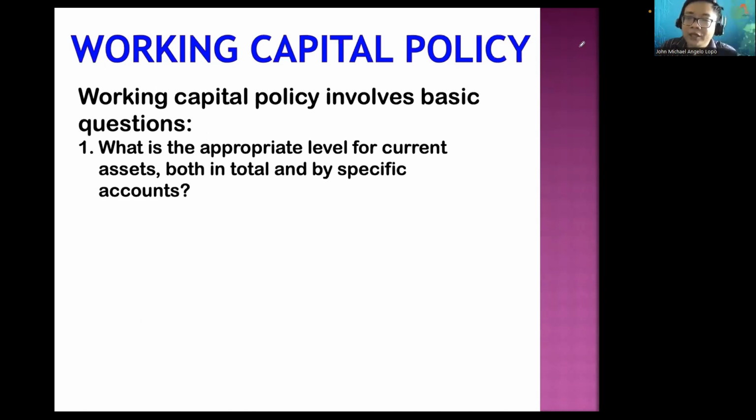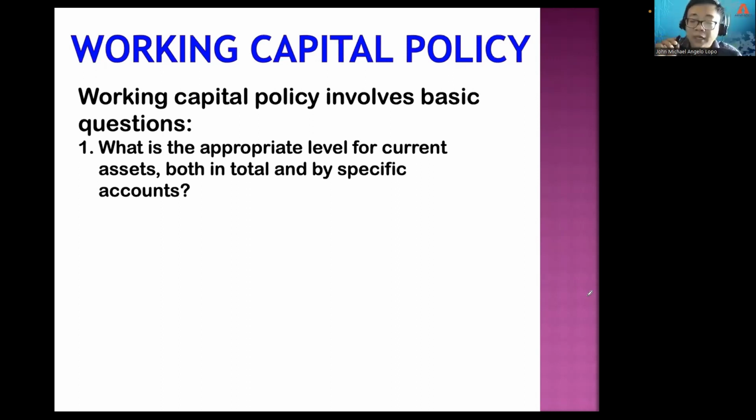Later I will discuss to you about the inventory specifically in terms of the EOQ. If you have your EOQ, meaning you have your economic order quantity, you will order inventory at the optimum level, at the minimum price. Ganun din naman dito. What would be your appropriate level for your current assets?